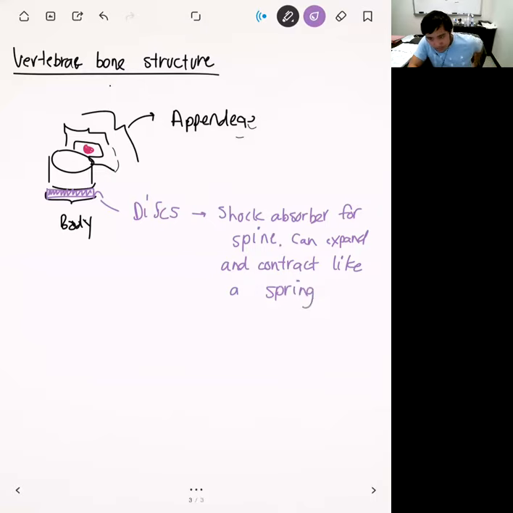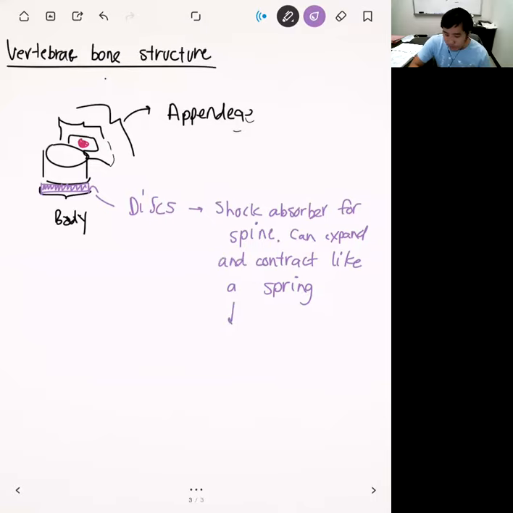And they help cushion the weights that are being applied. But the interesting thing about these discs is that they can also be injured. Usually an injury to the discs involves it being squished so much that it starts to bulge out.